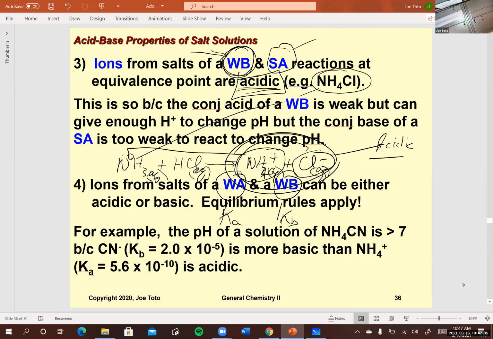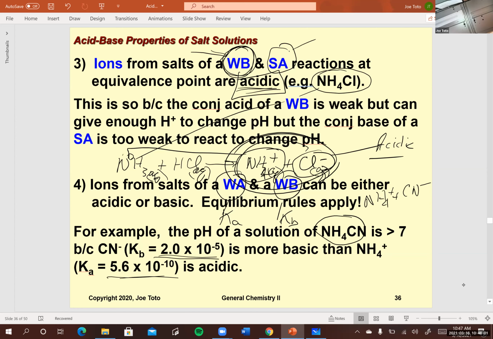In other words, if I have a reaction between ammonium plus CN minus, then I just need to look at the relative Kb of CN minus compared to the Ka of NH4 plus, ammonium.